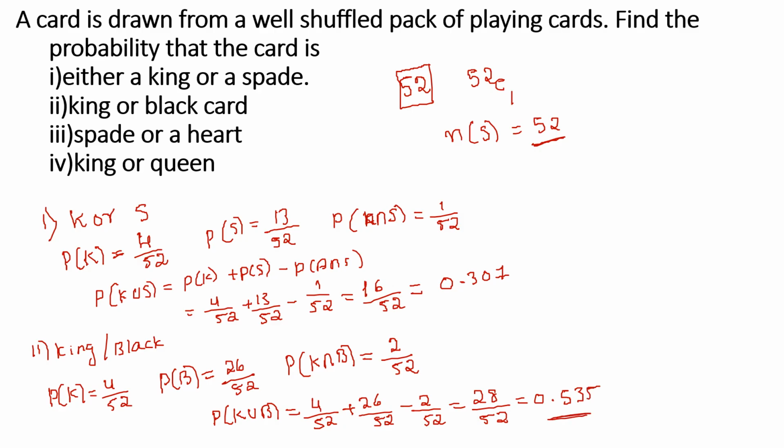The third one: the probability that the card will be either spade or heart. The probability that the card will be a spade: there are a total of 13 spades, so the probability is 13 by 52. Probability of heart: again there are a total of 13 hearts out of 52.